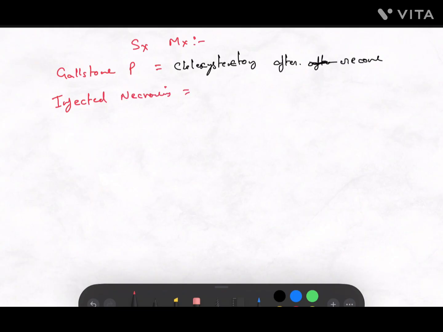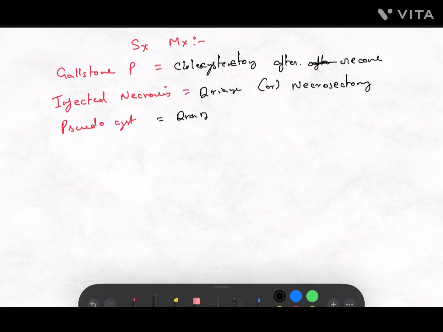In infected necrosis we have to do drainage or necrosectomy. Next, if the patient has any pseudocyst: if asymptomatic, just observe. If the patient is symptomatic, we have to do drainage.